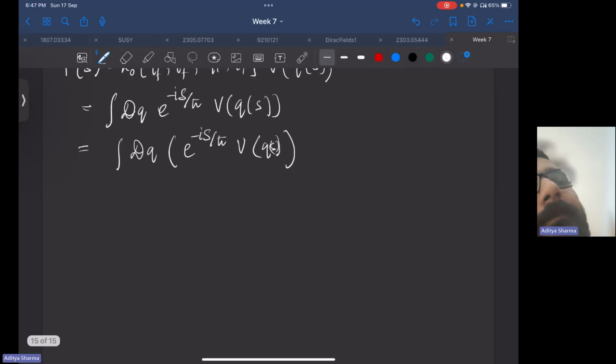Now I'm going to make a diagram. Suppose this is Qi, this is Qf, and this is the Q direction. And this is some midpoint QC.